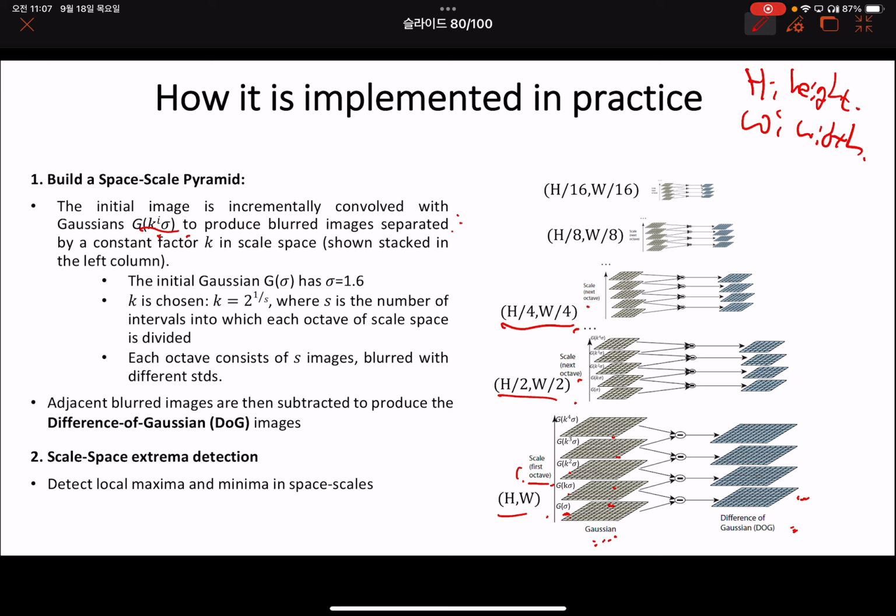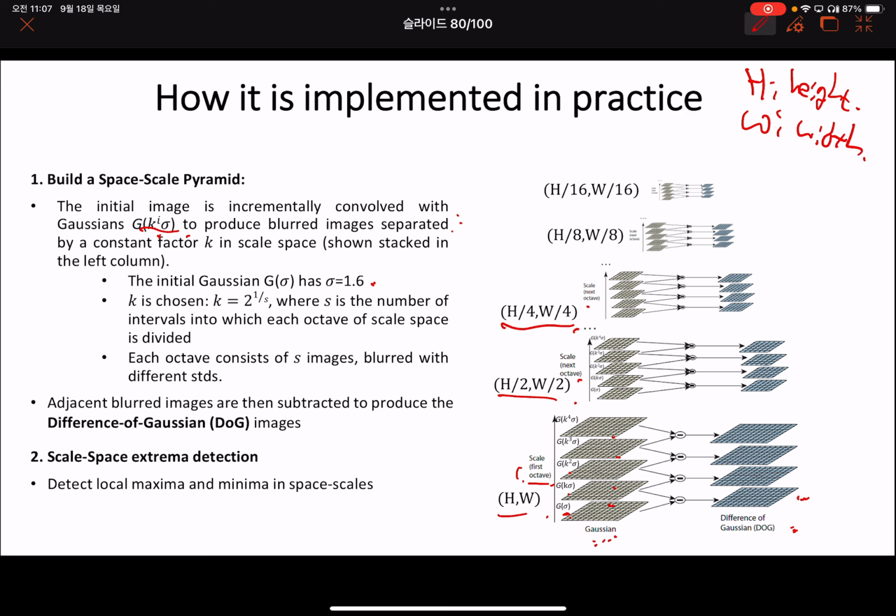That means before computing SIFT, we prepare images at different resolutions, and each of them is convolved with different Gaussian filters. That is what we prepare before computing SIFT values.